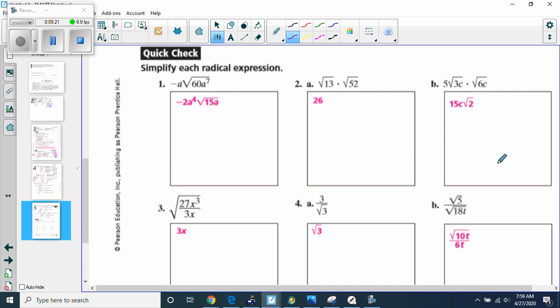Try to get you a better understanding of this. Even these are a little bit more complicated than what we're doing on the homework. But let's go through them. Square root of 60 times a to the 7th. So you got to break this up. You got to figure out what the square root of 60 is and the square root of a to the 7th. A to the 7th is easier.